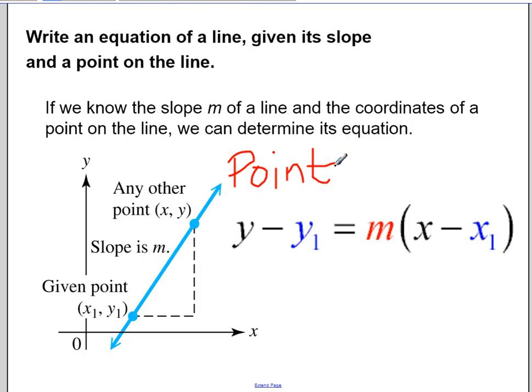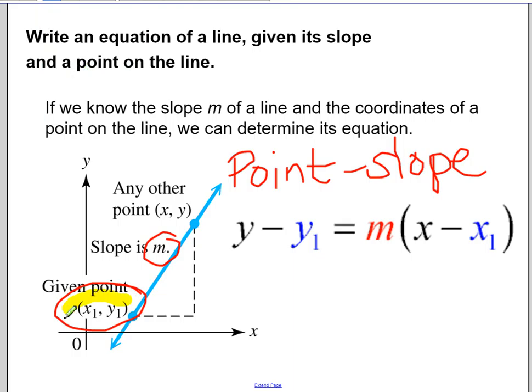So if we're given a point which has coordinates x1 and y1, and we're given a slope which is the value m, we would simply plug that into the corresponding locations on the point-slope formula. Our point x1, y1, we would plug in the values there and there, and then for our slope m, we would put that value there.